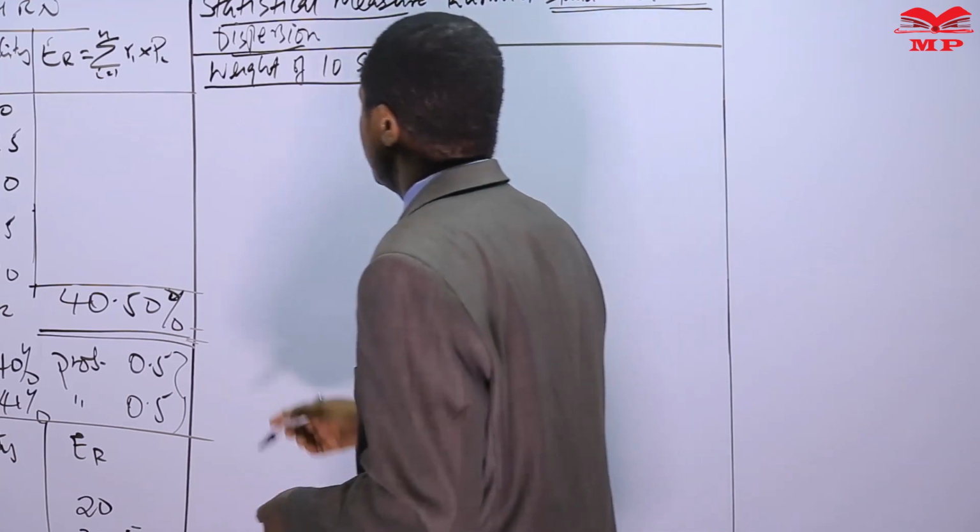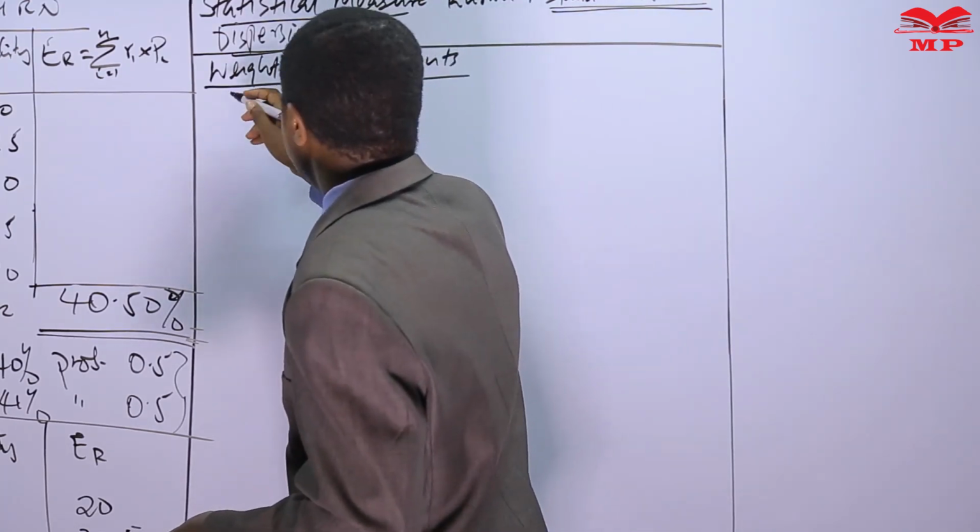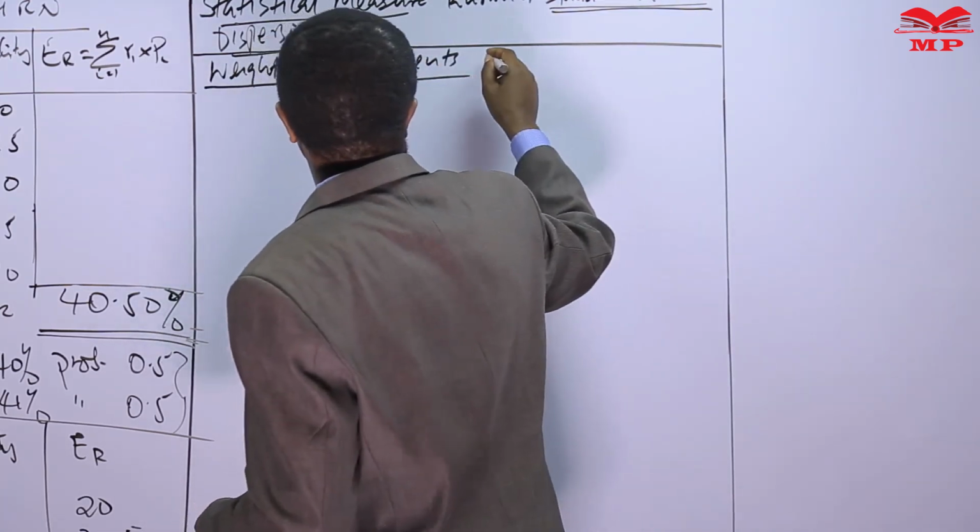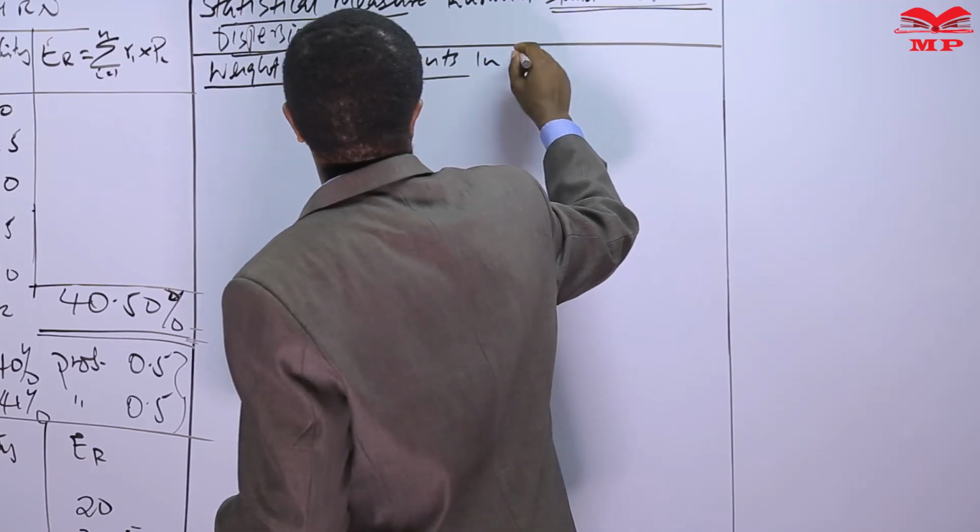assuming we have 10 students, one of them measuring weight of 45. This is in kilograms.